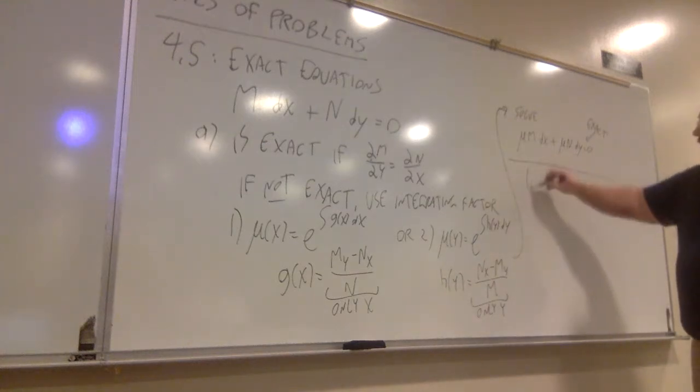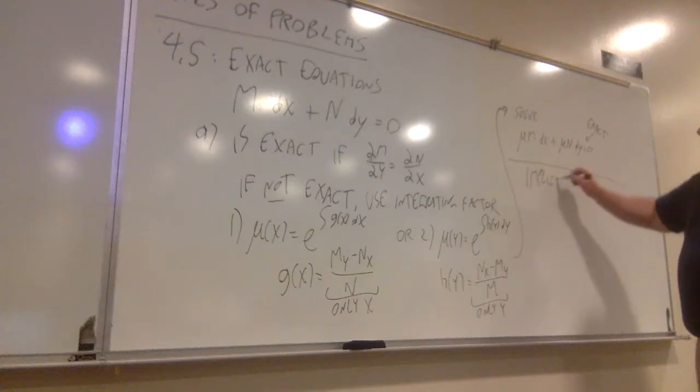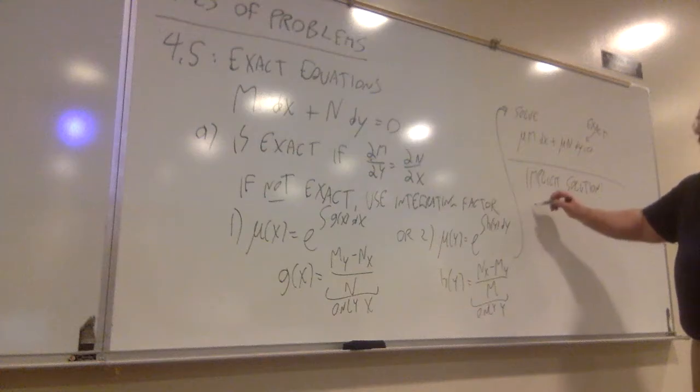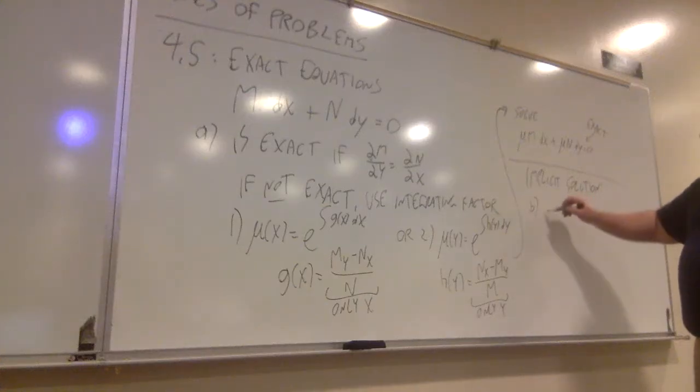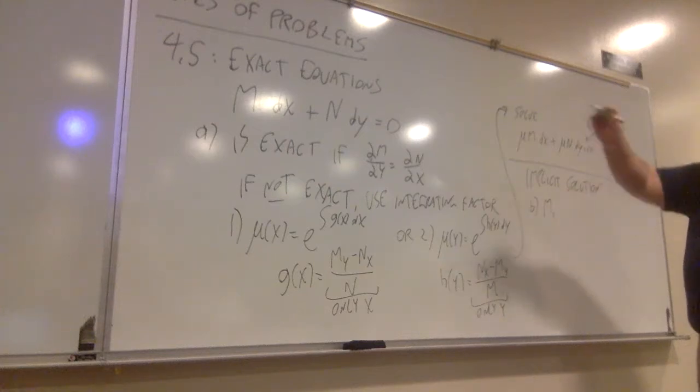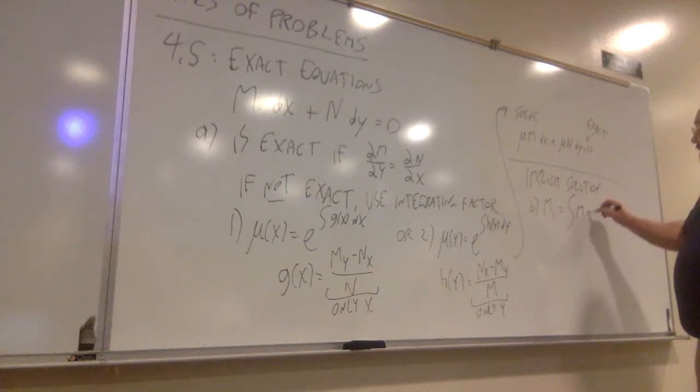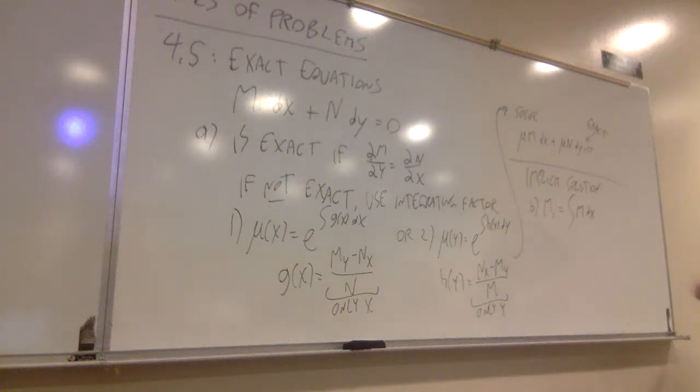Once you've been through all that, just like in separable equations, you have an implicit solution, so you're not going to be solving for y of x explicitly in this case. So your next step is you need to take your function M and integrate it with respect to x.